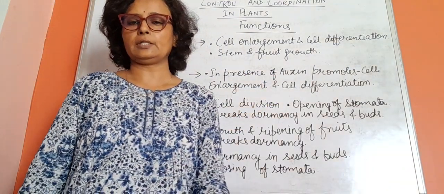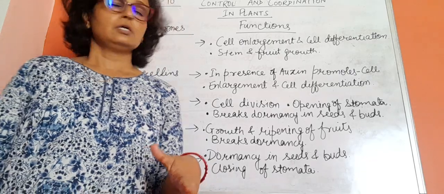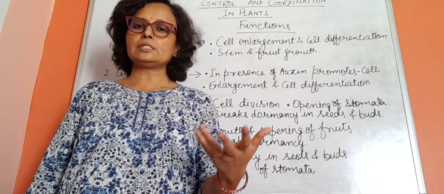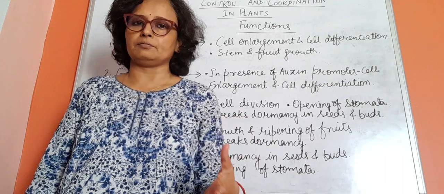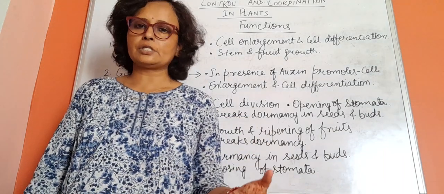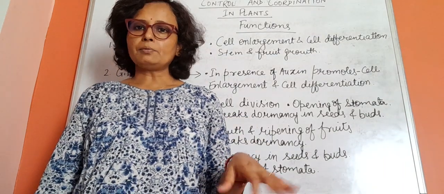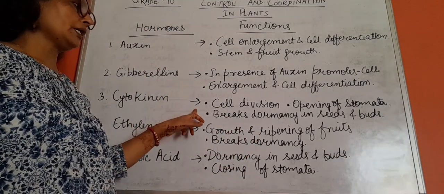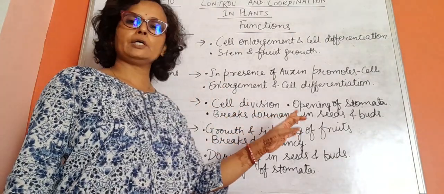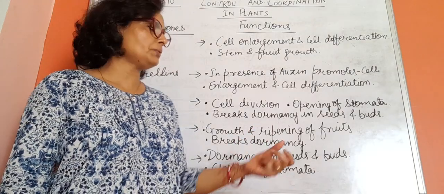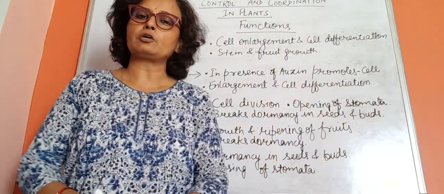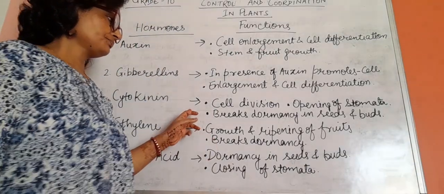Seeds are found in a dormant state, and buds are also in a dormant state. Dormant means the seed and bud are inactive, and that inactive stage is called the dormant stage. Now who will overcome this dormant stage? That is cytokinin. That means if dormancy breaks, the seed will grow into a new plant and the bud will grow into a new part of the plant.